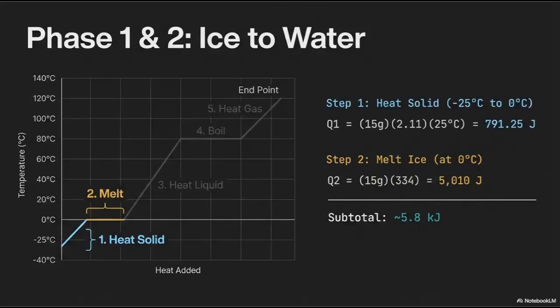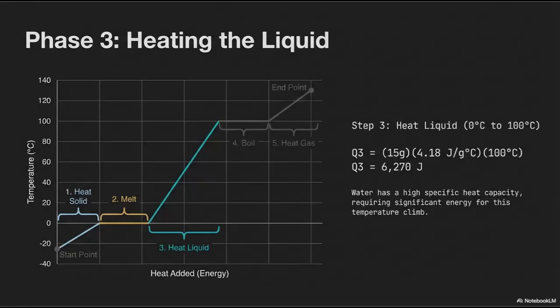While we wait for people to finish writing, those that are done can move on to steps 3, 4, and 5 and start setting it up. Okay, so step 3 is the liquid from 0 to 100.